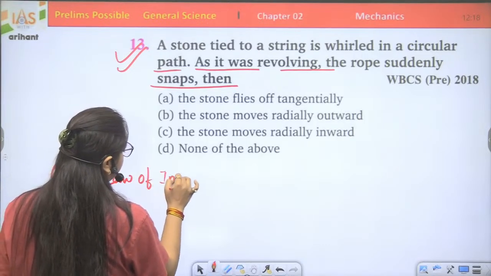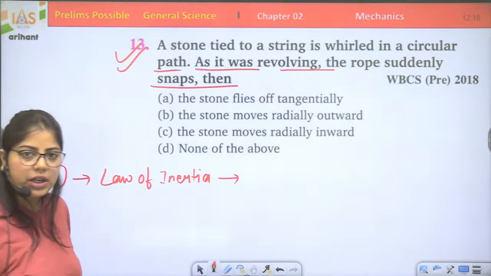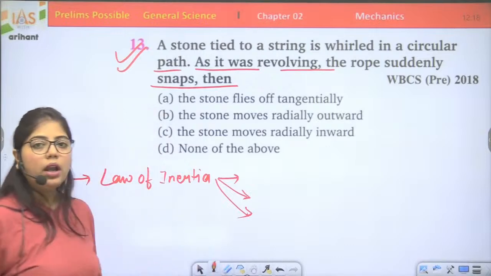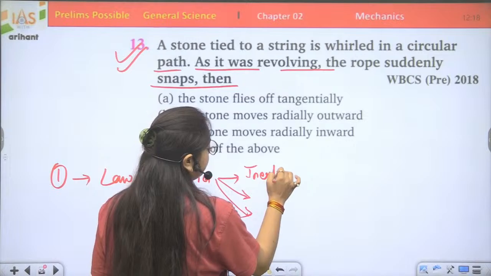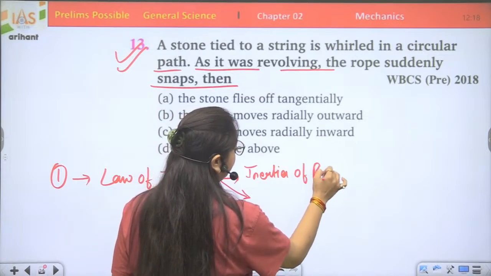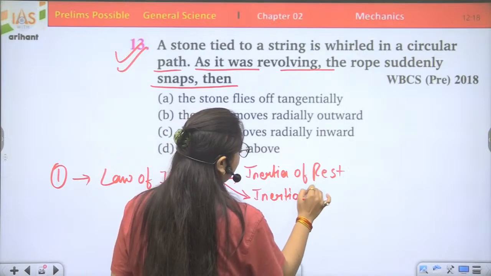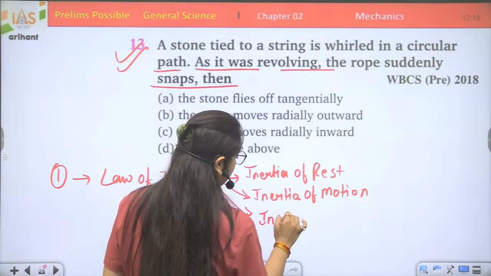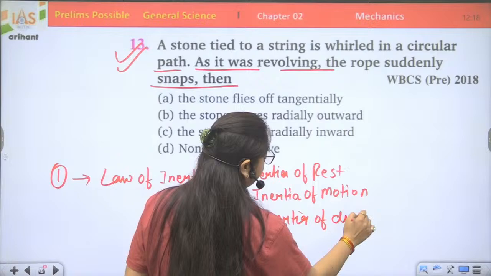This law of inertia is further divided into three parts: inertia of rest first, inertia of motion, and the third one is inertia of direction.